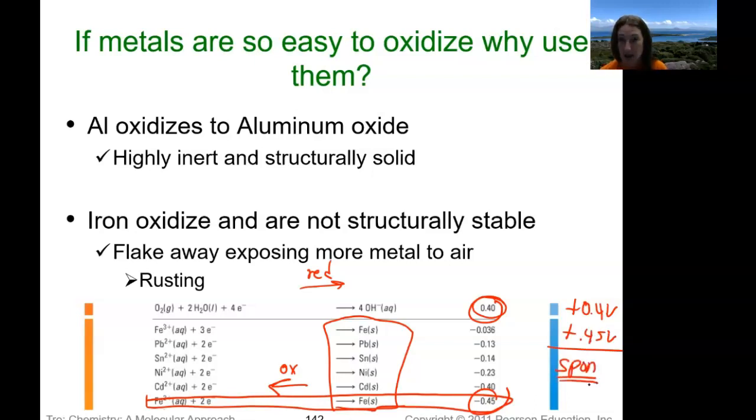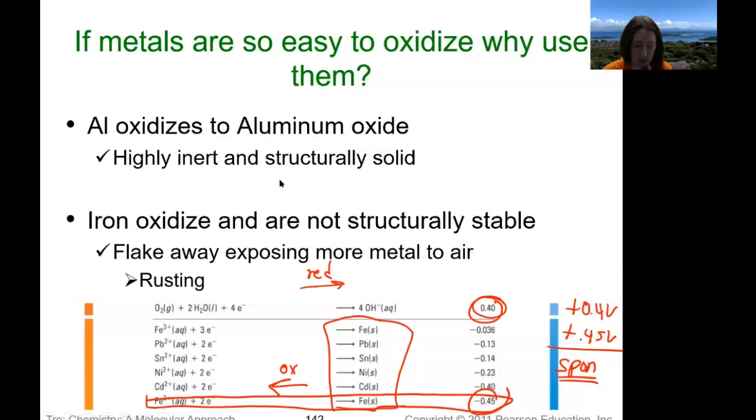Because it's going to be a positive E cell, right? So this is going to happen. Now, if you look at our reduction potentials, if it was under acidic conditions, that means anything below 1.23 volts is going to oxidize, right? So hence why our metals are always oxidizing.